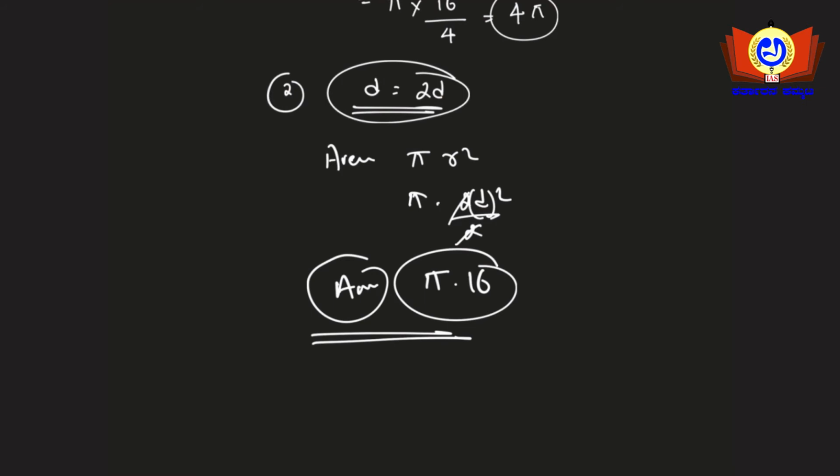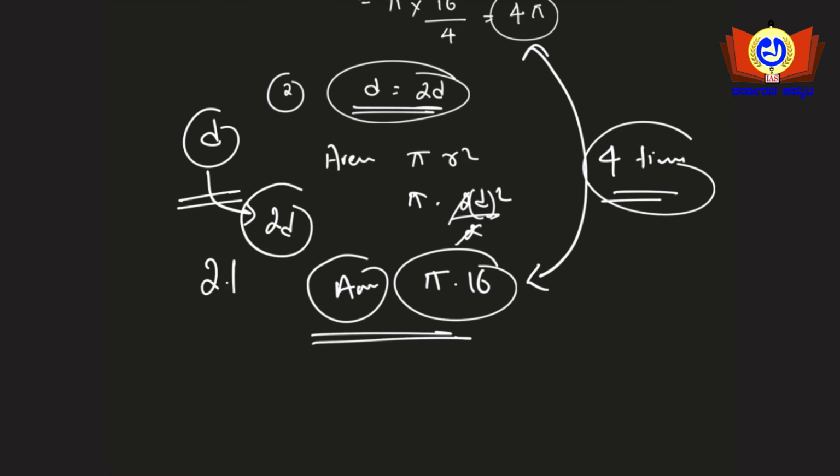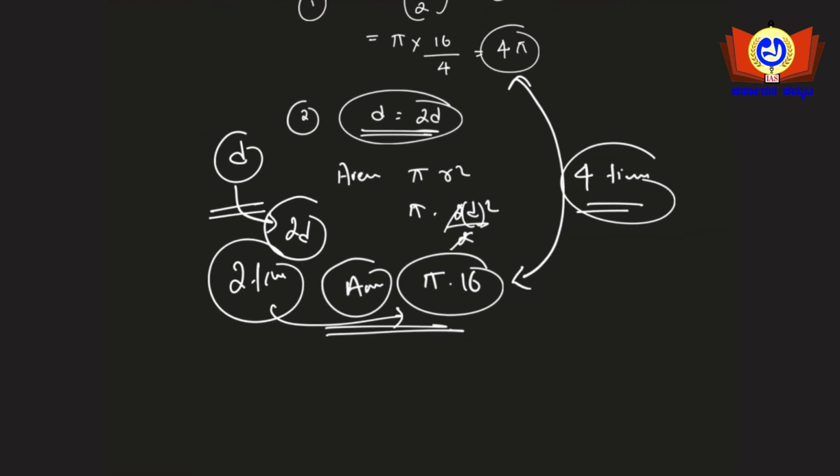When you see these 2 cases, the area has been increased 4 times, 4 into 4, that is 16, whereas the diameter has increased from D to 2D. So when the diameter increases 2 times, the area will be increased 4 times. This is the concept you need to understand first to solve this problem.